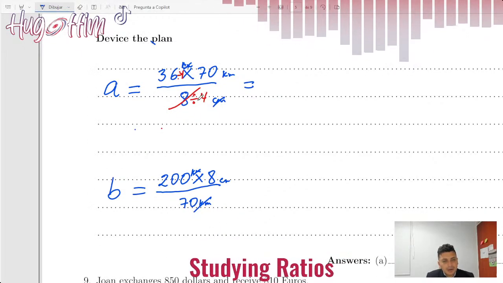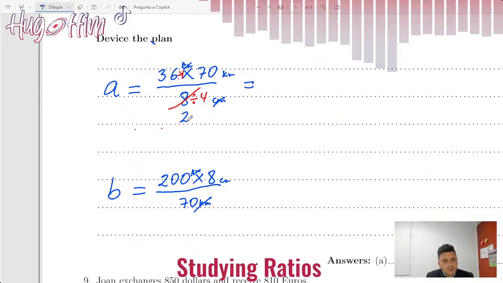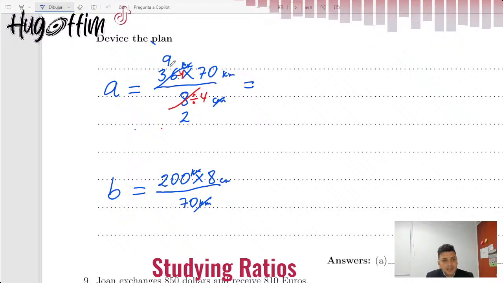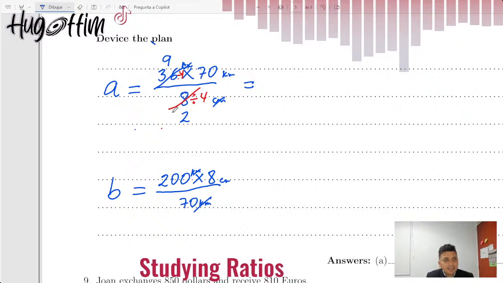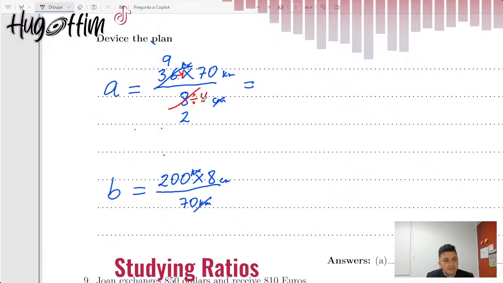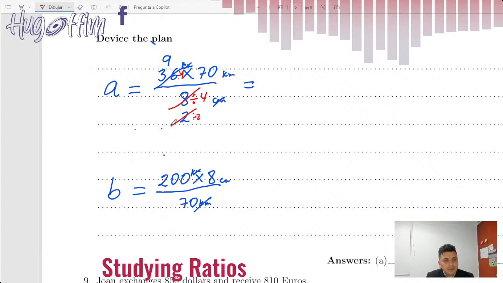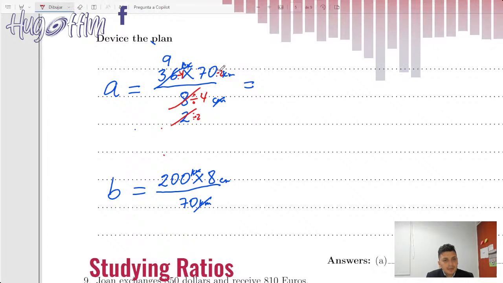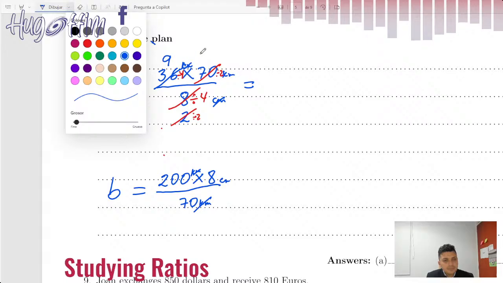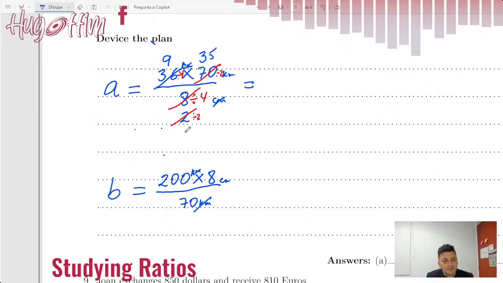Now I just divide 8 by 4 to get 2, and 36 divided by 4 is 9. I cannot divide more, but I can divide this 70 by 2. Remember that I can divide any number in the numerator and any number in the denominator by the same number, by 2. I get 35 and 1.